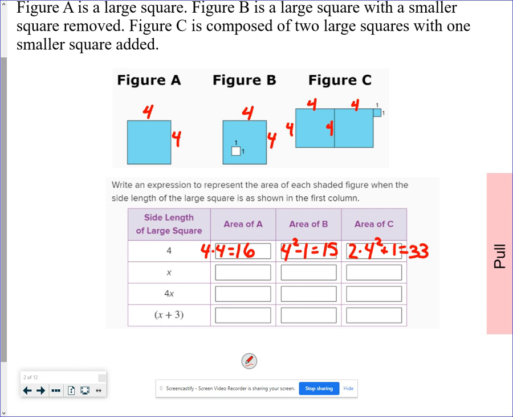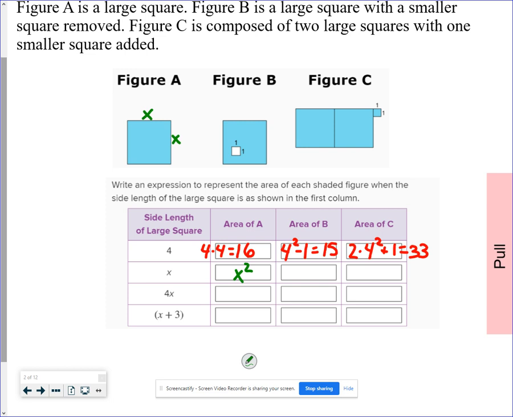Now, when I had just a side length, I could easily figure out what that actual number was going to be. However, now I change this, and instead of having a number, I have a variable. So for instance, if my side lengths are x, the area of the square is length times width, so it would be x times x, which would be x squared.